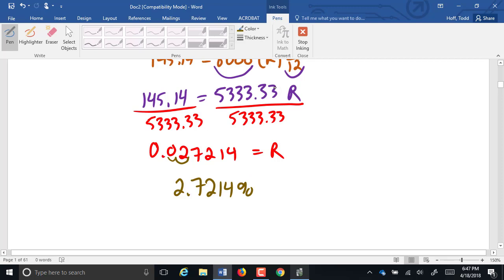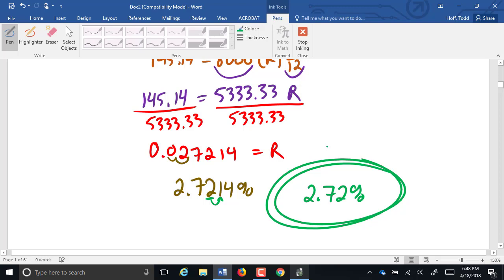And then I'll round it off to the 100th of a percent. There's my hundredths place. That one says it's going to stay, 2.72% is my effective rate. Any questions? Are we ready to try one?